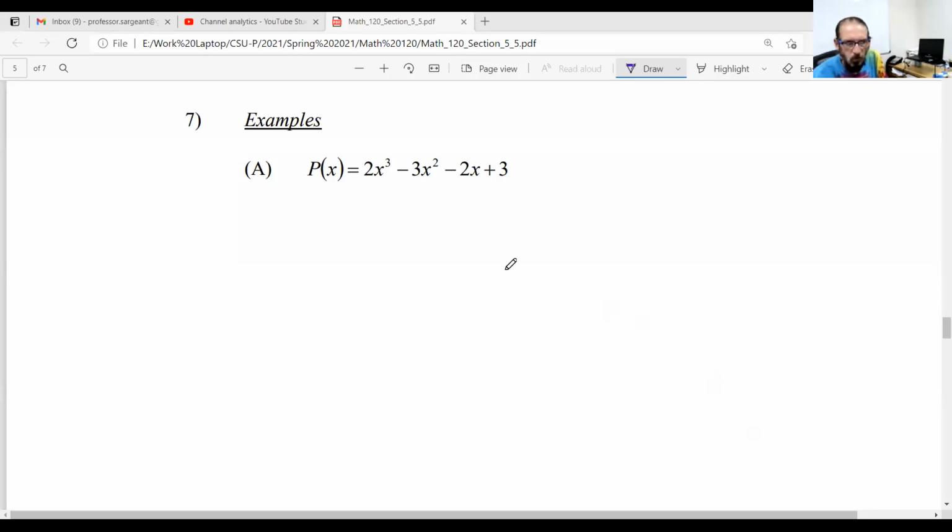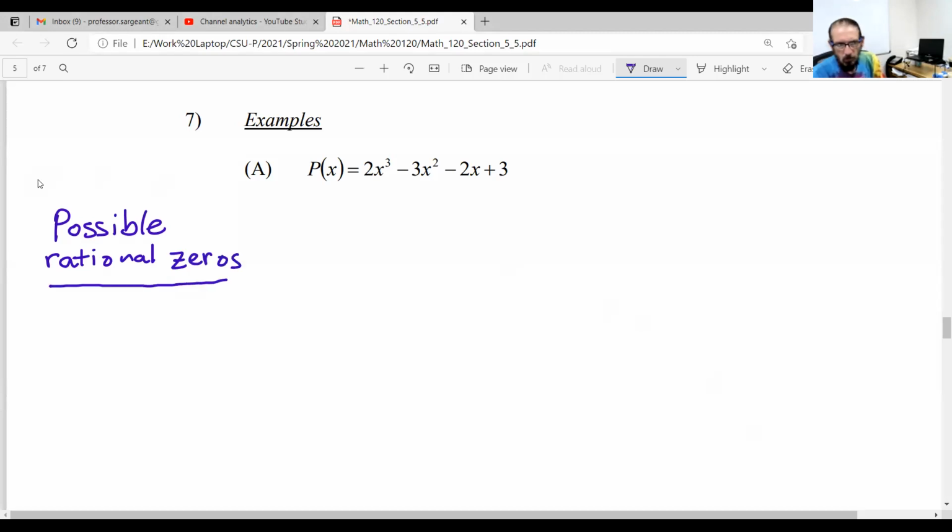Now, in this example, I would like to show a second option shortly, but first of all, we have found that the possible rational zeros of this function would be of the form factor of the constant over factor of the leading coefficient.